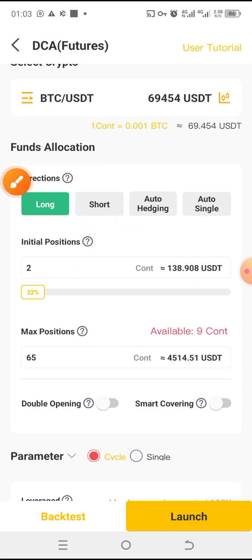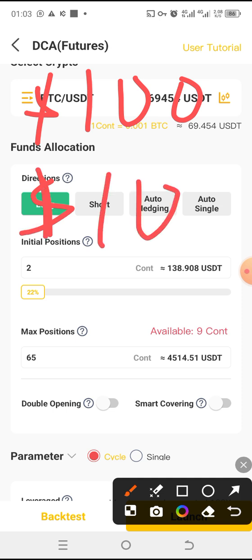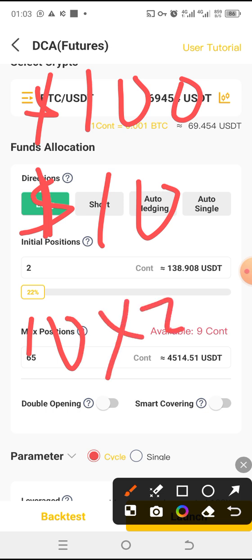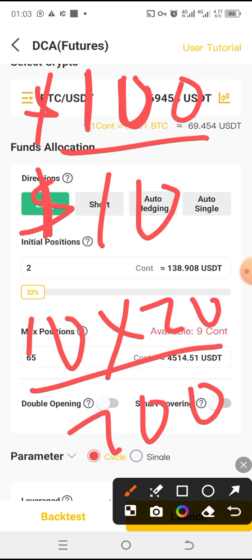Now, look at this. Assuming you have $100 and you're trading with $10. Okay, so 10 times 20 will give you how much? $200. So instead of trading with $100, I'm trading with $200.